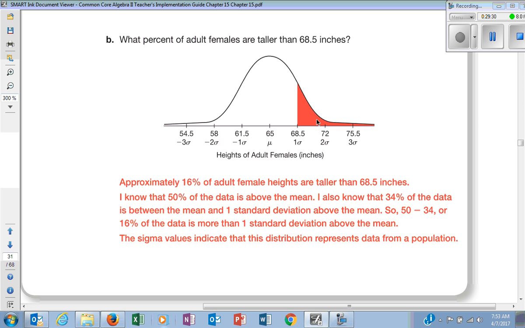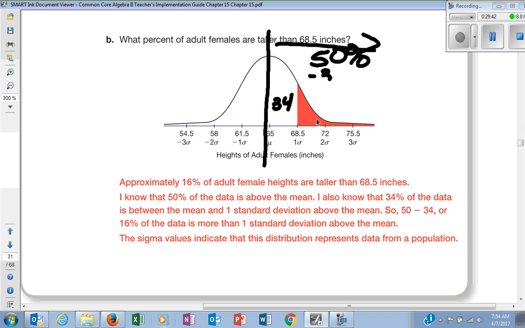What they did is they said that from here over is 50%. And I know that this is 34%, so they took 50 minus the 34, and they got approximately 16% of the females. And this is a population.